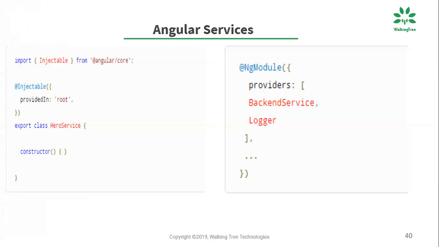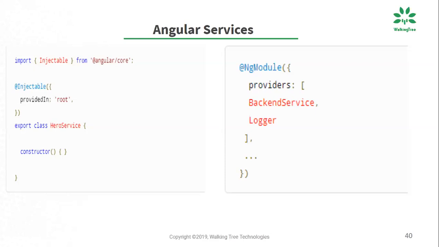Means once we inject this service, the providers will take this as a module level service and create an instantiation for the service. So any component will request that service method and get the data, and if you are storing the data in the service, then it will be maintained across the life cycle of that module.